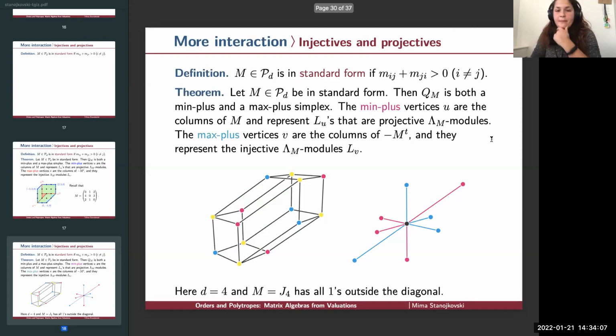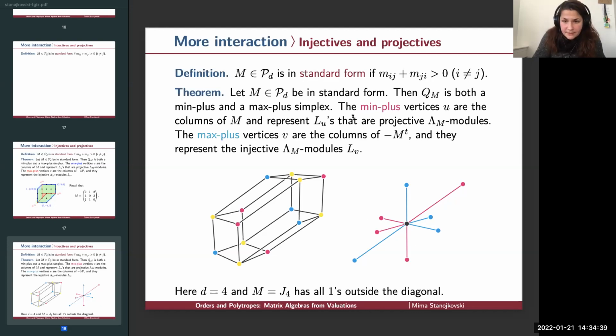So here's another example where I already changed the color code. Earlier the red ones were the max plus and the blue ones were the min plus, and now I switched the things around. This is an example of a tropical ball in dimension 3. It is defined as a polytrope from a 4x4 matrix that has zeros on the diagonal and ones everywhere outside.